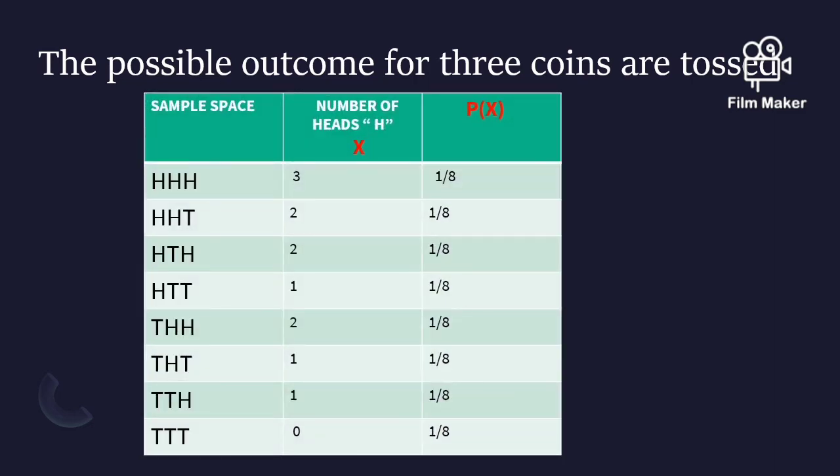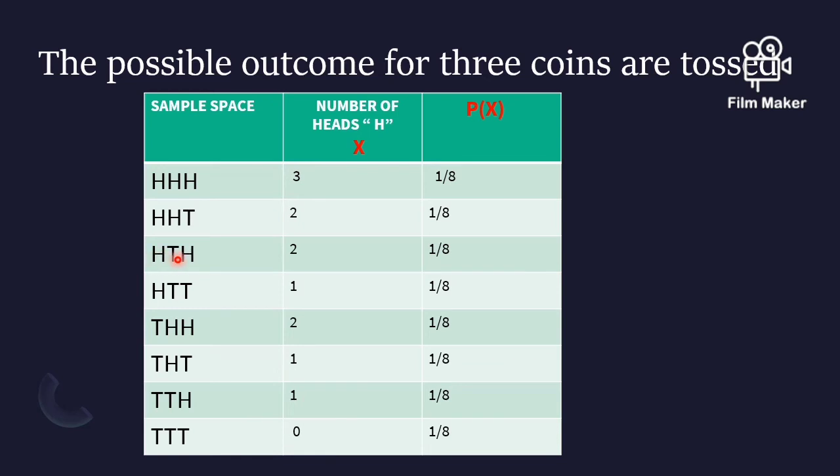So we have the sample space, number of heads as H, and then probability of X. So again, we have head, head, head: number of heads will be 3. Head, head, tail: number of heads will be 2.